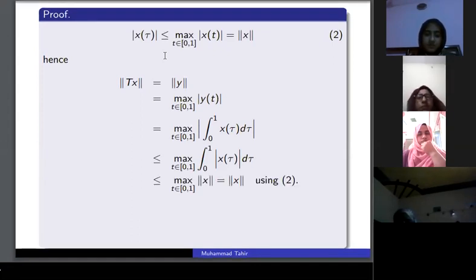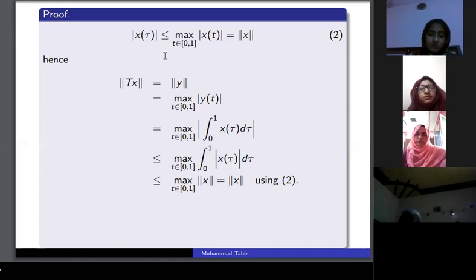We replace x of t by the norm of x. Then the norm of x will be a constant, so it will be taken out of the integral, and the integral from 0 to 1 of dt will be 1. So because the norm of x is constant, the maximum value over t from 0 to 1 of the norm of x will again be the norm of x. Hence the norm of Tx is less than or equal to the norm of x.